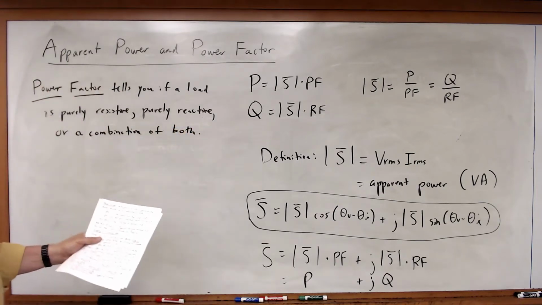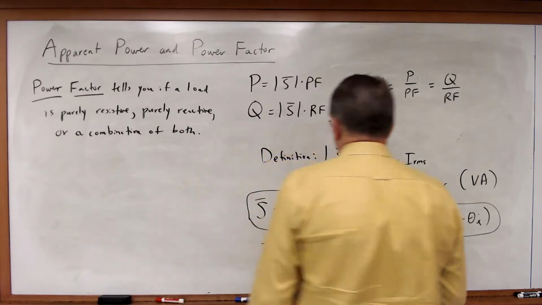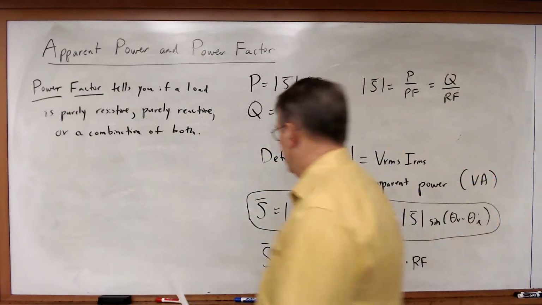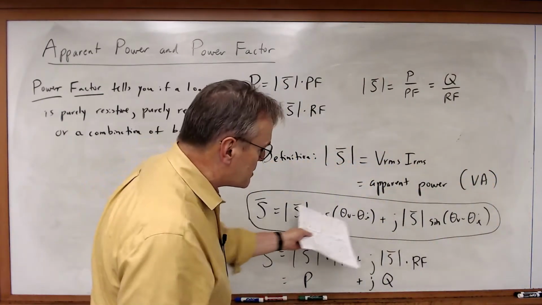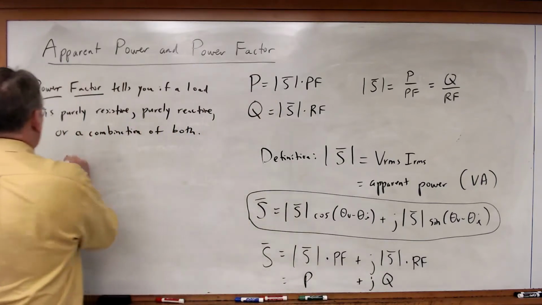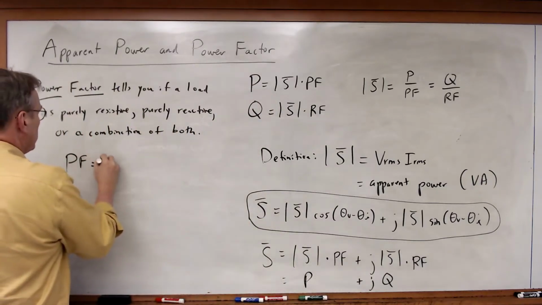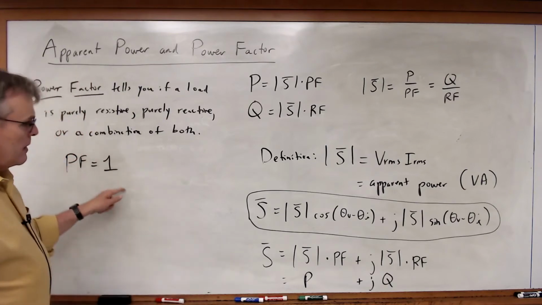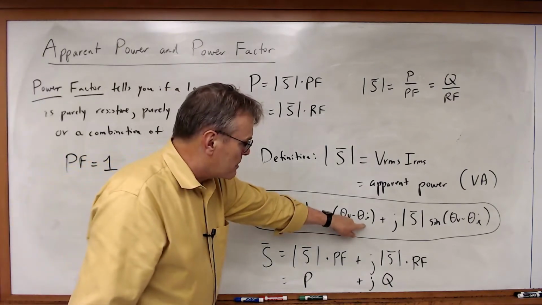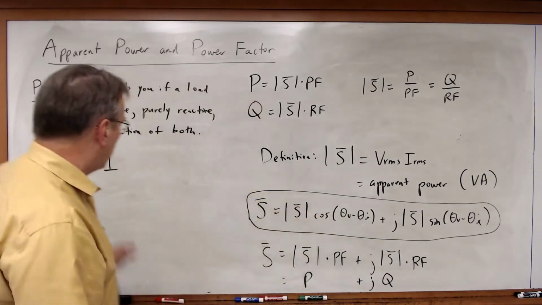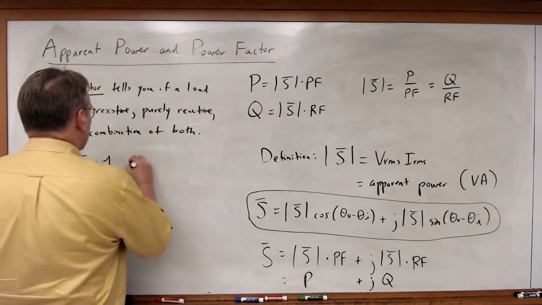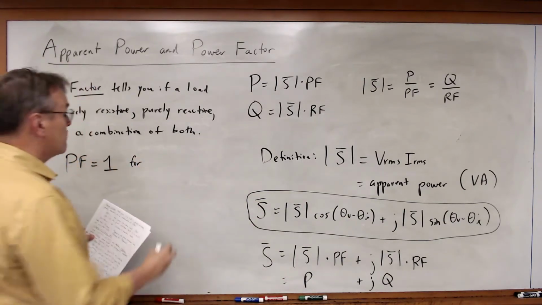So in other words, if we think about this, power factor, which is just cosine of theta sub V minus theta sub I, will be equal to unity in a resistor. In a resistor, theta sub V is equal to theta sub I. Cosine of 0 is 1. So power factor is equal to 1 for a purely resistive load.